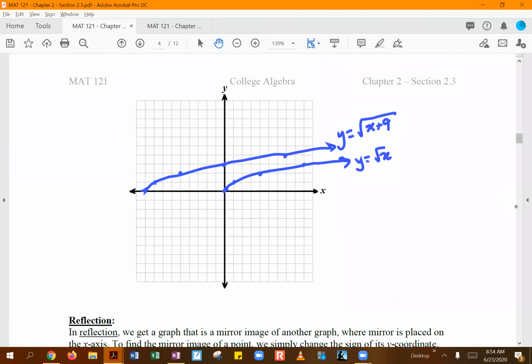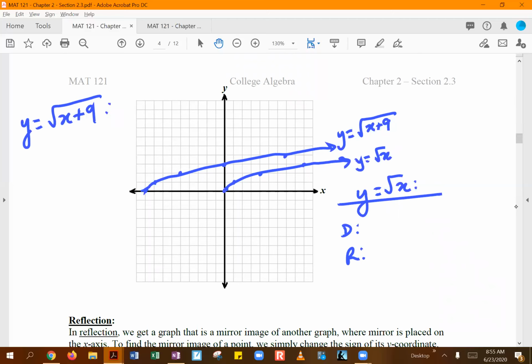All right, now if you will, please go ahead and tell me what the domain and range for these functions should be. Let's start with the original, y equals square root of x, and then we'll do y equals square root of x plus 9. So let's do the base function first. What do you think its domain and range is going to be?